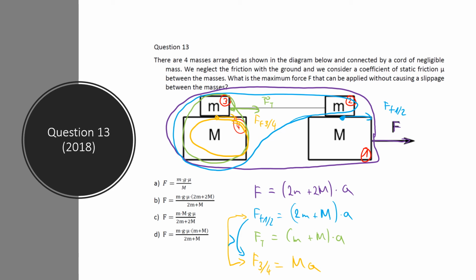This means that the frictional force between 1 and 2 can also be put equal to the edge case, which is mu times mg in this case. Now this gives you an equation where you can solve for a and plug this in the first equation, which is going to show you that answer B is going to be the correct one.